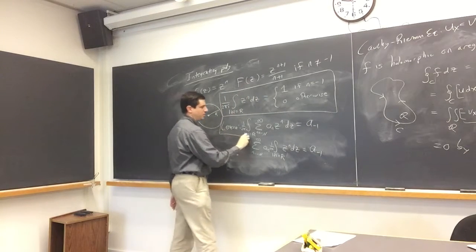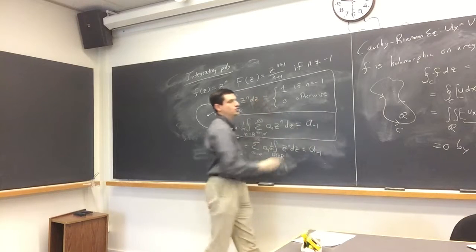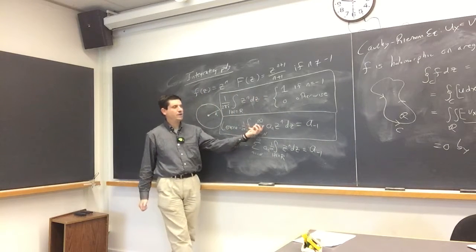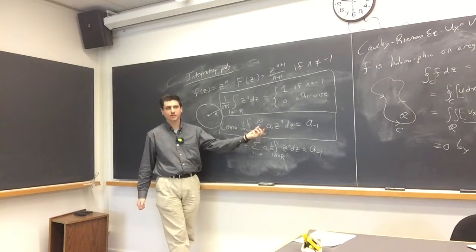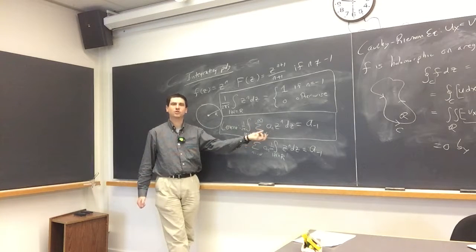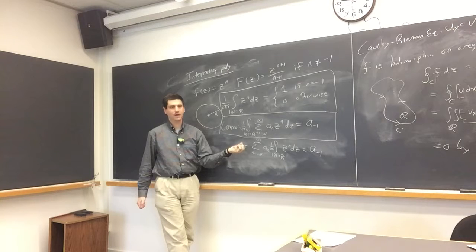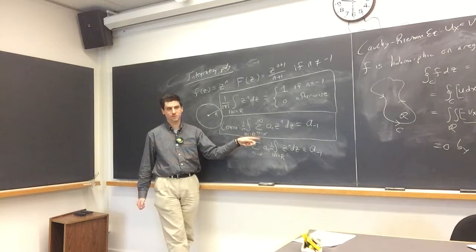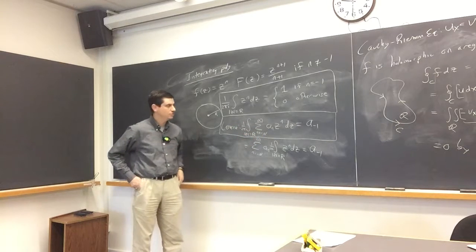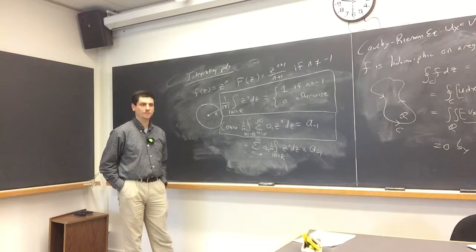So we'll extend our box down here. So we've shown that if we have a nice function like this, whose Taylor series is allowed to include negative terms, this is now called a Laurent series, but only finitely many negative terms, and if everything converges, then this integral is just a_(-1).